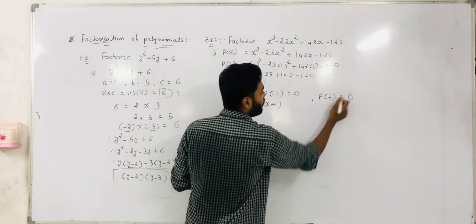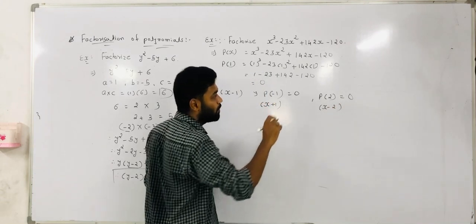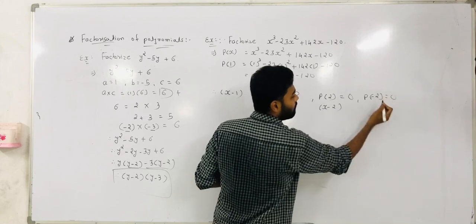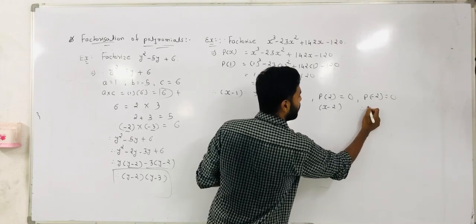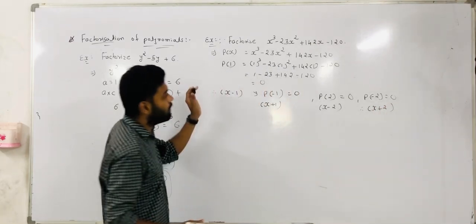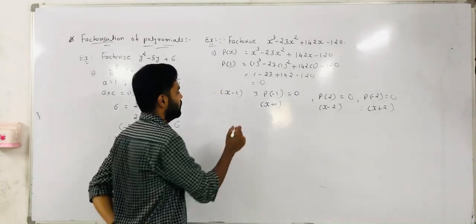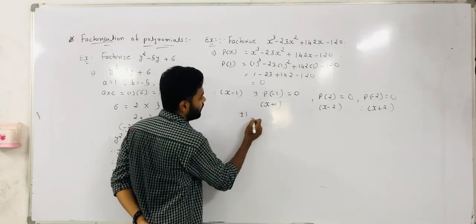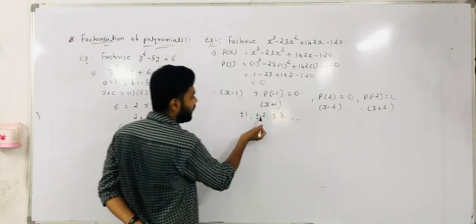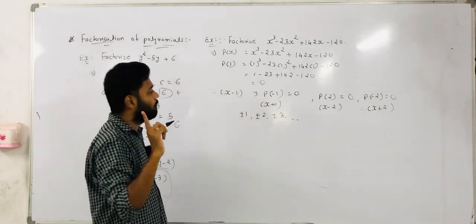If p of 2 equals 0, then one common factor is x minus 2. Again, if you do not get 0, then go for p of minus 2. If p of minus 2 equals 0, then one common factor is x plus 2. This way you will get one common factor. In general, plus or minus 1, plus or minus 2, plus or minus 3. By putting these values, you will find one common factor.